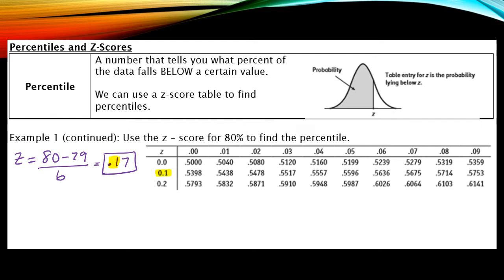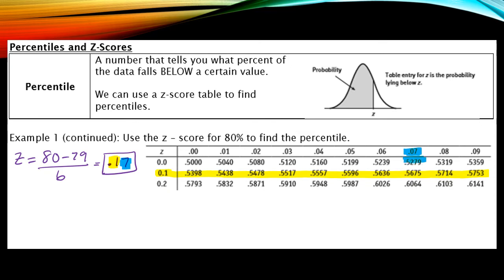So my first decimal place was 0.1, so I found 0.1 on my z-score table. So what I'm going to do now is I'm going to highlight this entire row. Now the second number, which is 0.07, so I know there's a 1 there, but it's like a 7, and I'm going to find that 7 up here on the horizontal part of your z-score table.